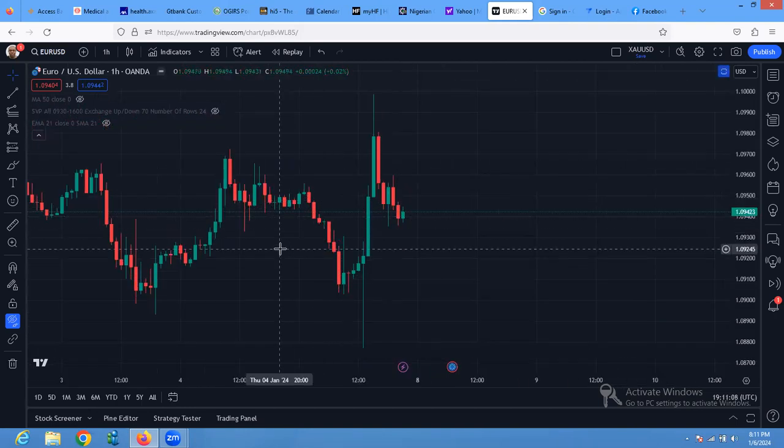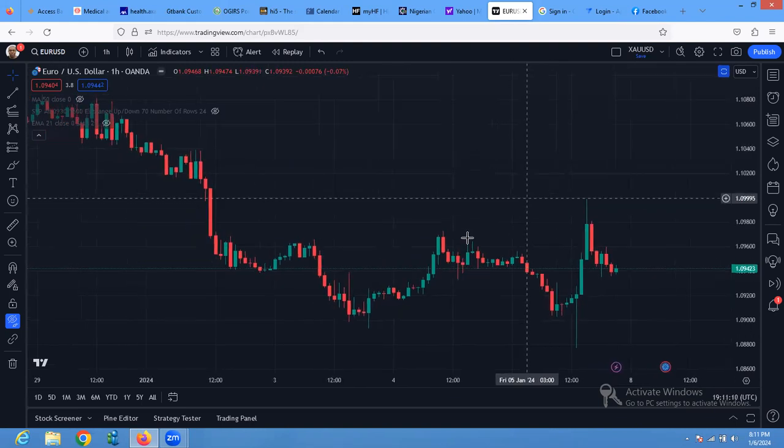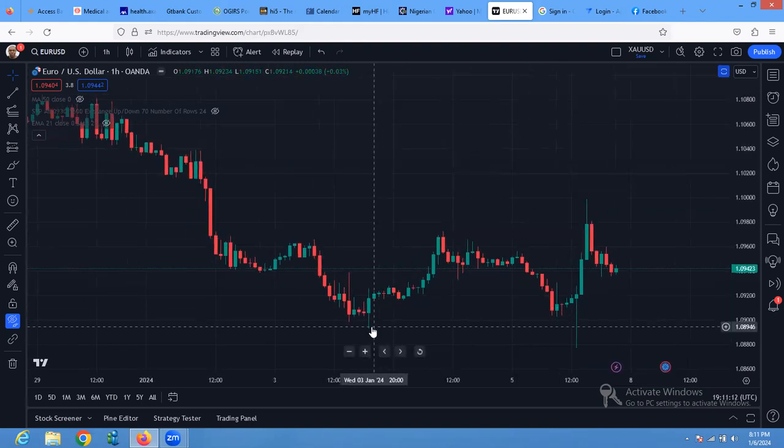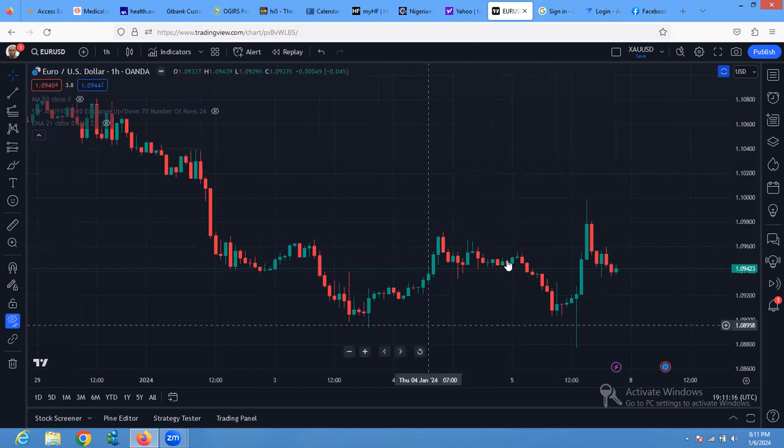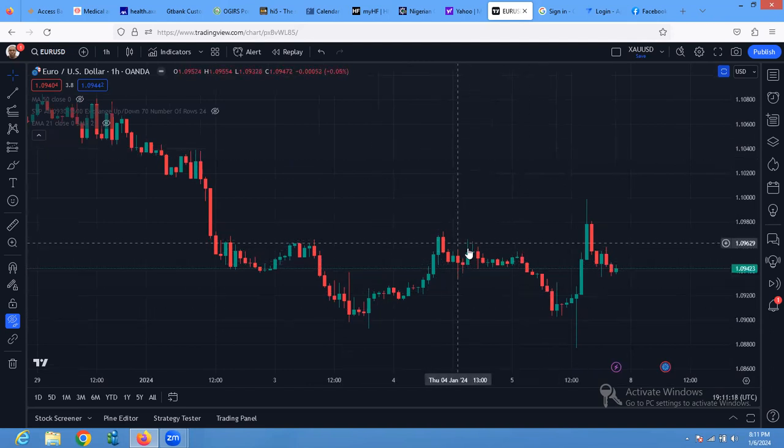So if we are taught that this had marked the end of the correction here, and we're going to do an A, B, C to the upside, the C shouldn't have broken this. But the clue of guiding yourself is actually here.